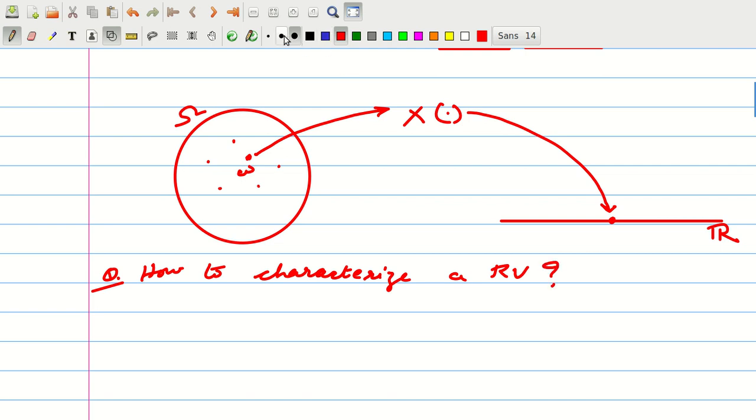Well, a random variable is characterized in terms of its CDF, the distribution function, or PDF, the density function, which we shall see in a later module.